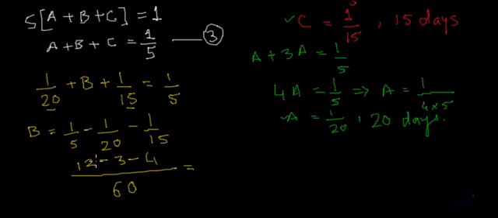So this will be equal to 12 minus 7, that is 5 by 60. This is 1 by 12. So the working capacity of B is 1 by 12. B is able to finish 1/12th of the job in one day. So he will take 12 days to finish the job.